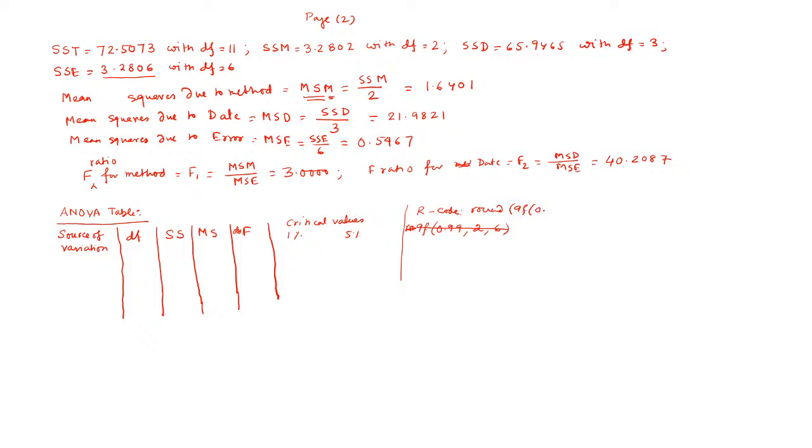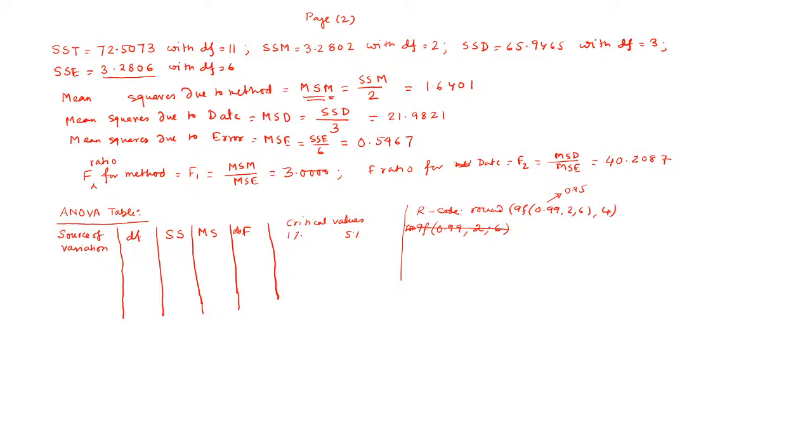Or you can use Excel also. For the 5% level, all are the same except you use 0.95: round(qf(0.95, 2, 6), 4).